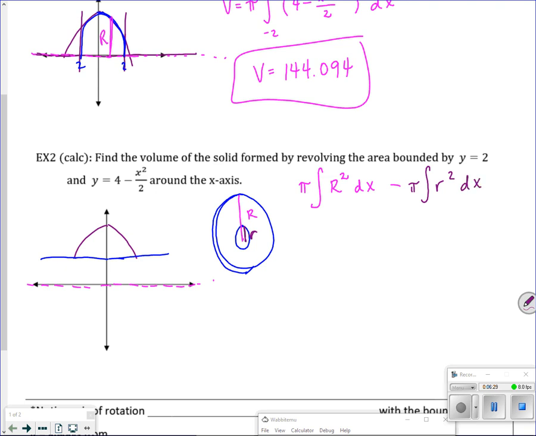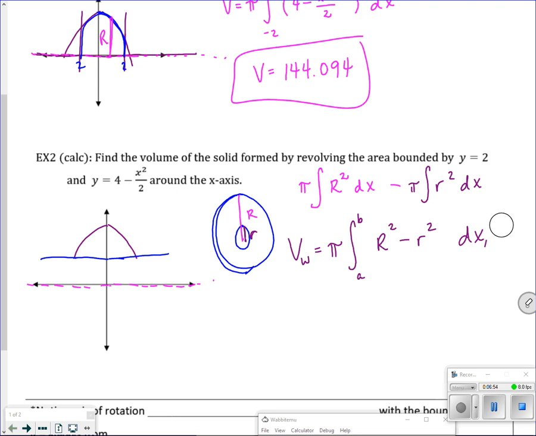And so most likely you don't want to have to integrate twice. And so it would be true that I could write this, so the washer formula is going to be pi times the integral, of course you're going to have your bounds from a to b, of big R squared minus little r squared. Okay, again it's going to be dx or dy.